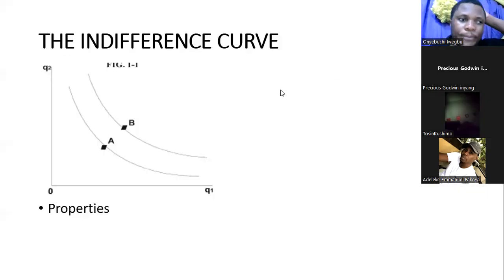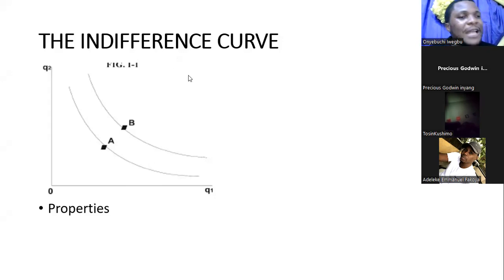So if I have two commodities that I'm consuming, Q1 and Q2, then there's a level of satisfaction that I will derive from consuming those two commodities, okay? The graphical representation of that level of satisfaction is what I call utility, my indifference curve.